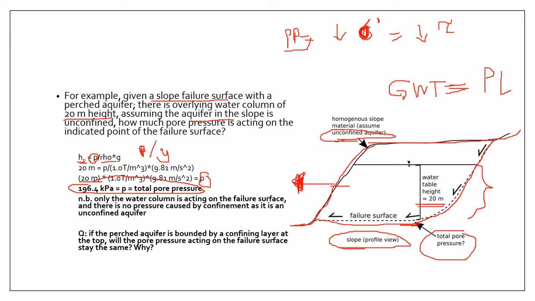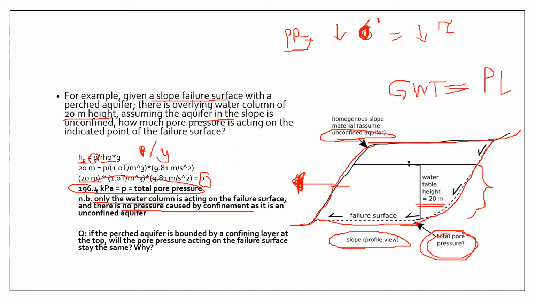So that's the amount of pore pressure acting at this point. Reminder, this is an unconfined aquifer, and the only pressure acting at this point is just the water column. So we don't have to worry about pressure due to confinement.